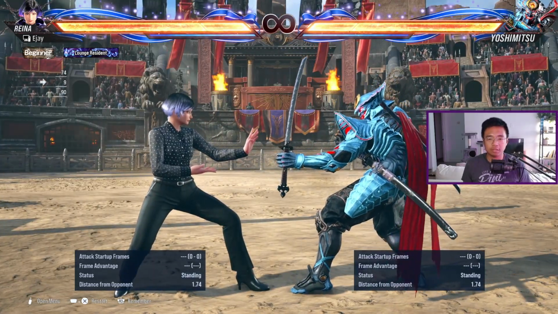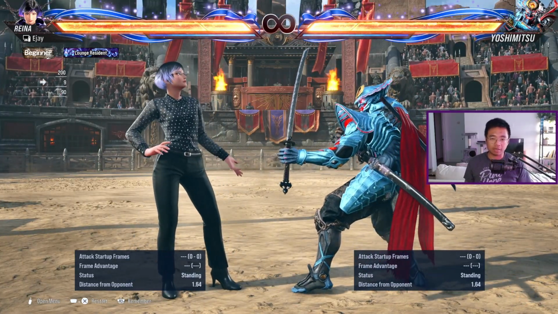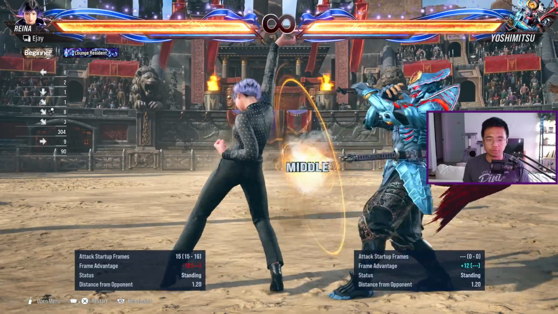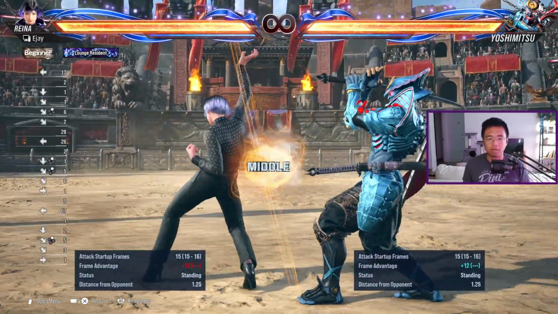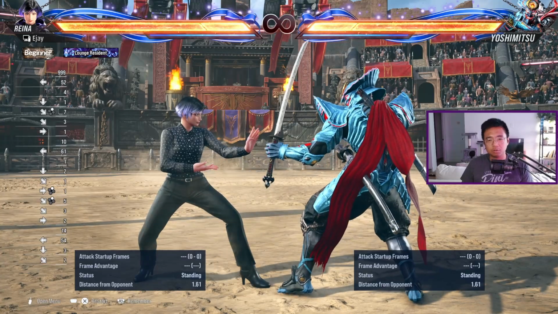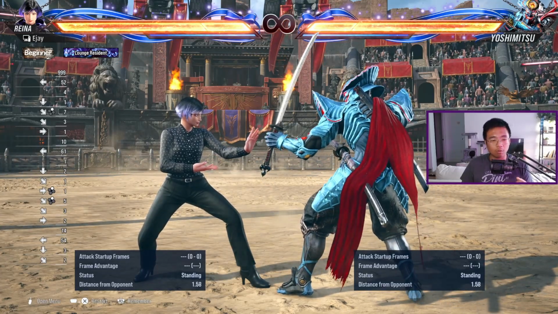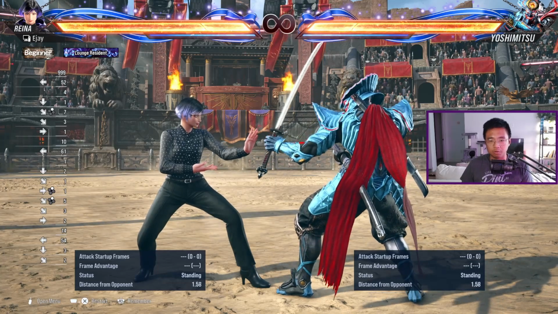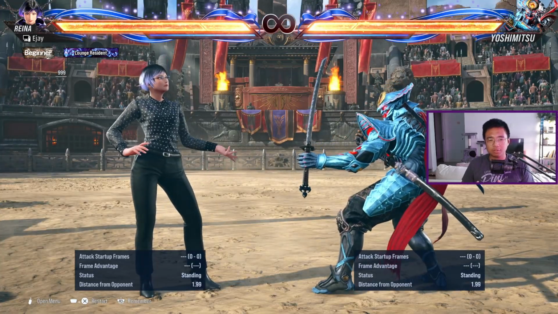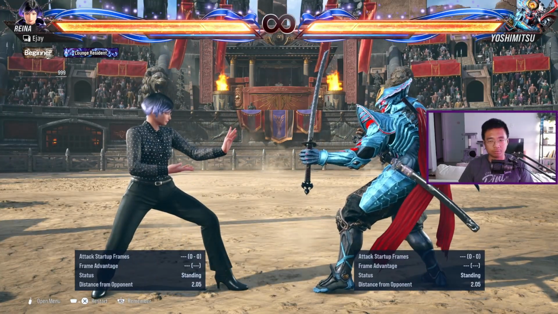And so if I have Yoshi do his own down forward 2, which is 15 frames, I can now be able to block it. So in general, you can punish moves that are equal to or lower than the amount of negative frames that the move has. And so that's pretty much the essence of what block punishment means.